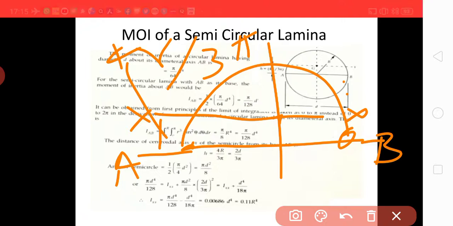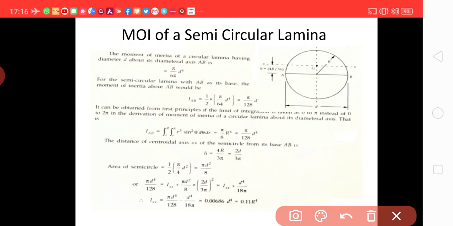A is pi by 2 r square, which will be the area, and in terms of d, it will be pi by 8 d square. So, you can say the area of the semicircle is half of pi by 4 d square, that is pi d square by 8.